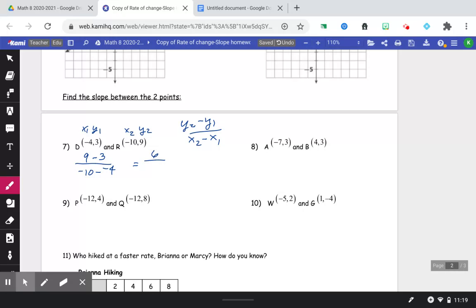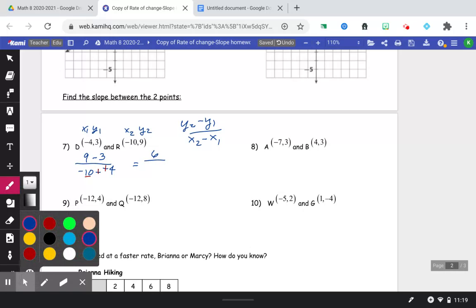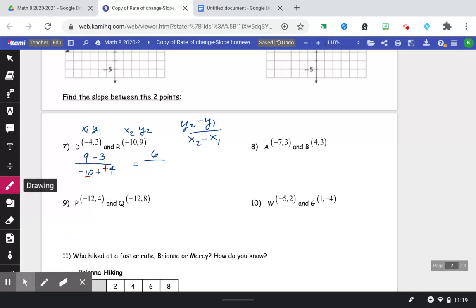And -10 minus -4, if I do my keep, change, change, -10 plus +4, I end up with -6. -6 over -6 will give me a slope of -1.